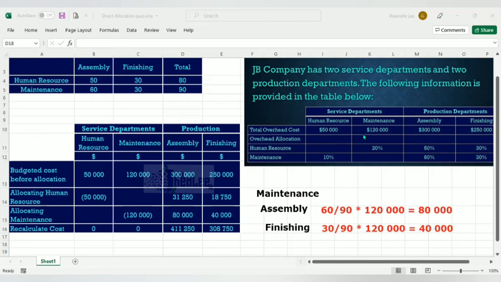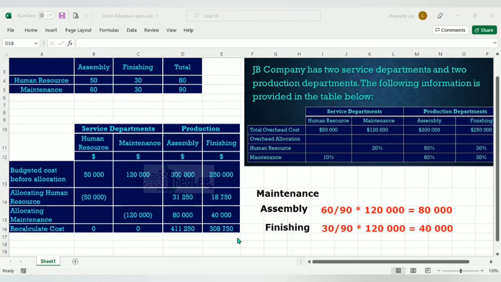After sharing, if you total the recalculated costs for the production department, basically if you add 411,250 to 308,750, you should get back that 720,000. And once that is so, we can safely say that we have successfully allocated the service department's cost to the production department using the direct allocation method.